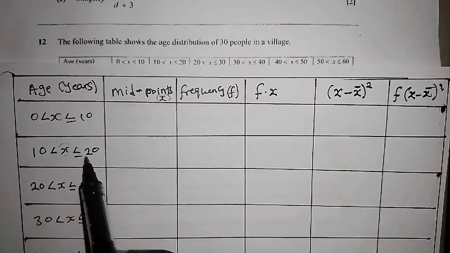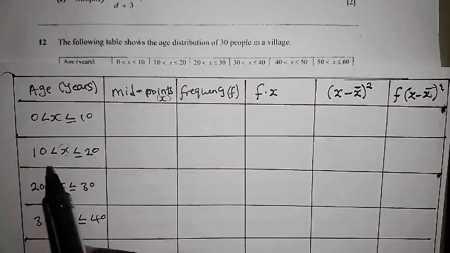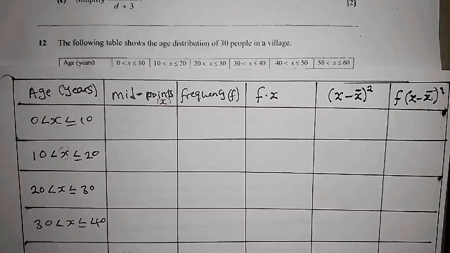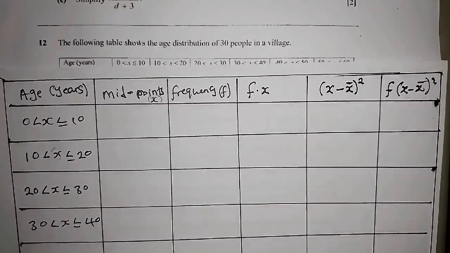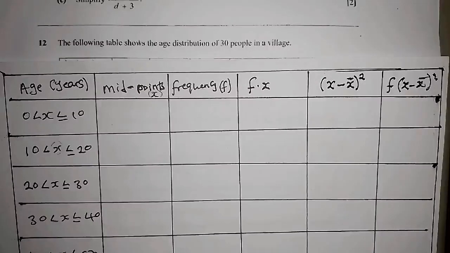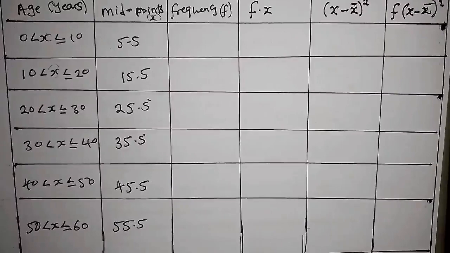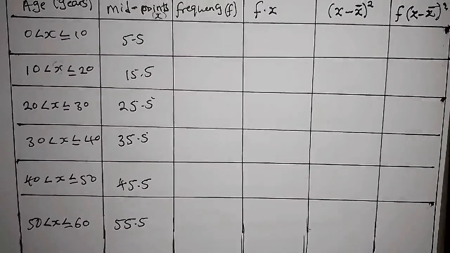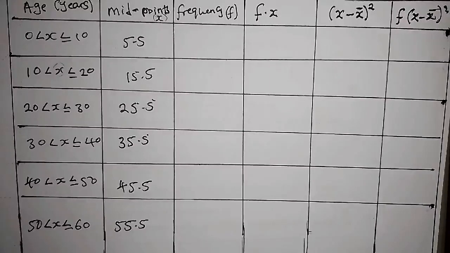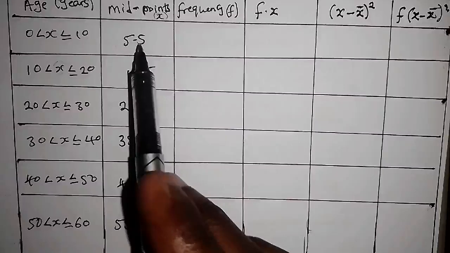So you say 20 plus 11, then divide by 2. I've done that in advance, so you can do the same thing. Hope you get the same numbers. Make sure that you verify that you have these numbers.